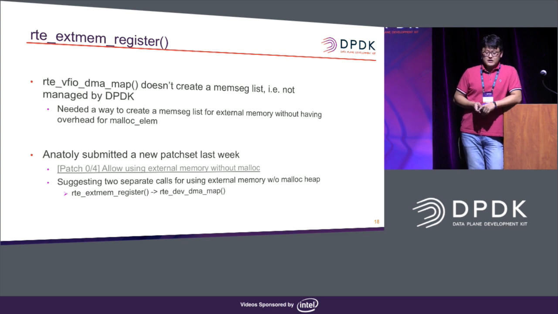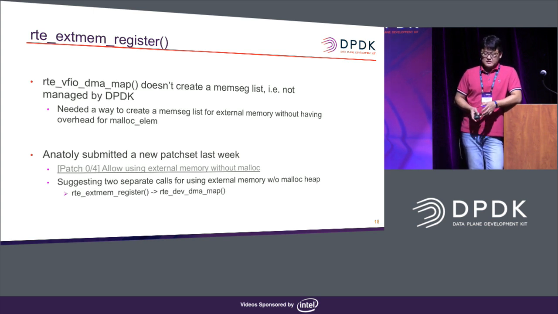So we needed a way to create a memseg list for external memory without the malloc heap overhead. There's a new API suggested by Anatoly, rte_extmem_register.